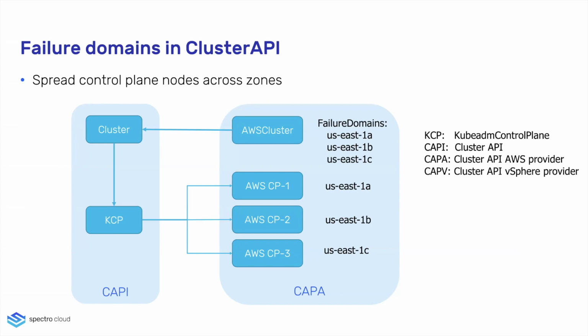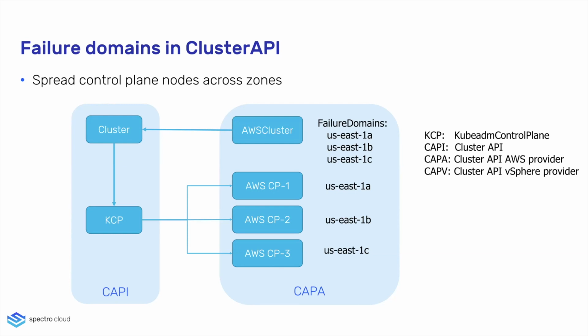There are 2 main parts involved to achieve this goal. One part is the Cluster API generic controllers like Cluster and KCP, which do not have cloud specific knowledge. The other part is the infrastructure provider like AWSCluster, which knows the AWS availability zones, subnets and so on.